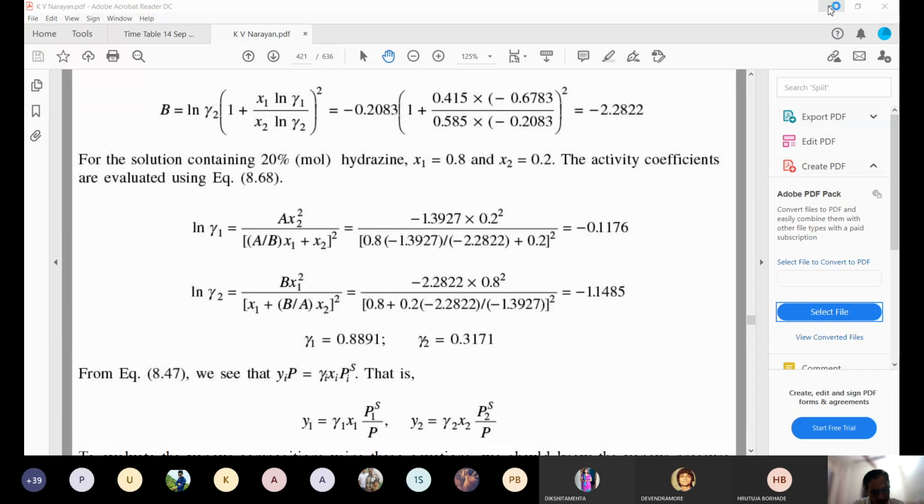And what is y2 coming as? 0.078. 0.078, is it?